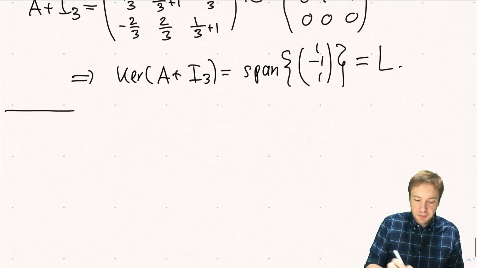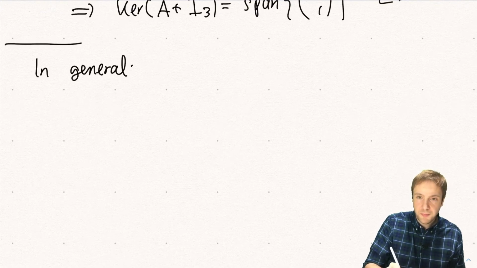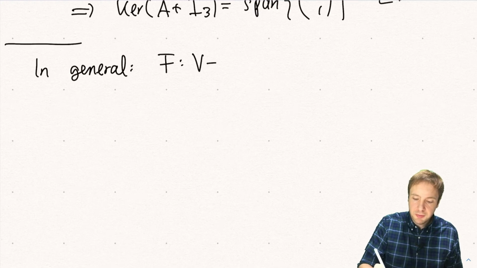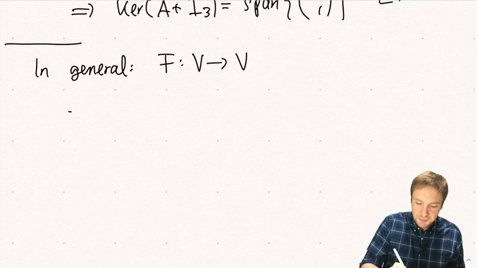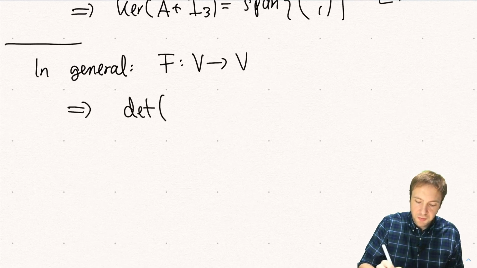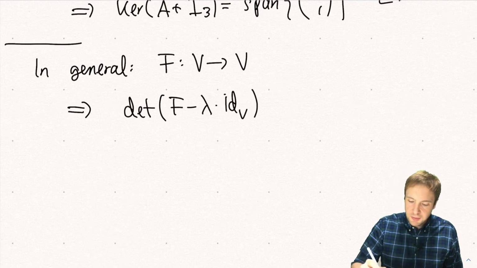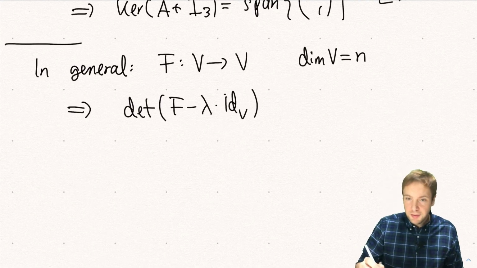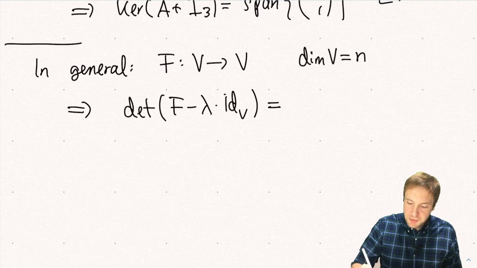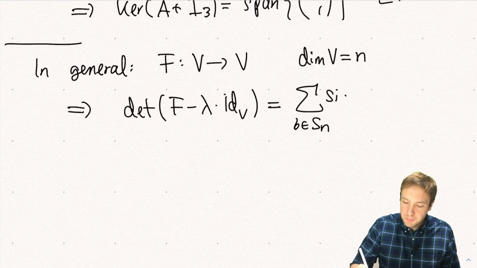And in general, this determinant, if I have a linear map, then the determinant of f minus lambda times the identity map on this. So let's say again the dimension of V is n. Then, what is this by definition? This is the sum over all permutations.